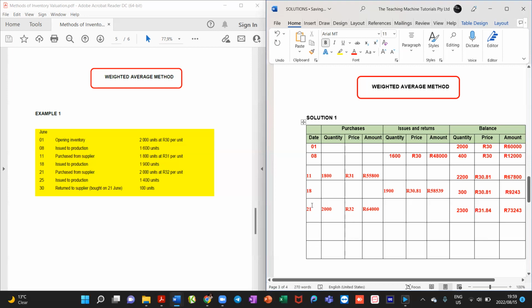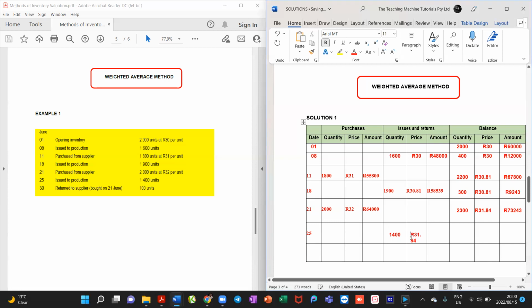Okay. On the 25th, it says 1.4 units were issued to production. How many units? 1.4. We only have one batch, and that batch consists of an average price of 31.84.